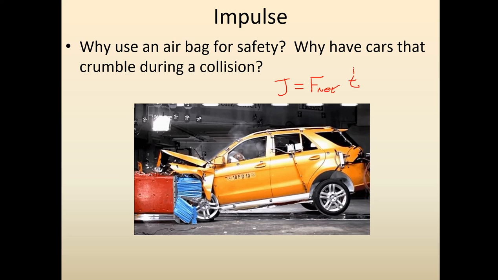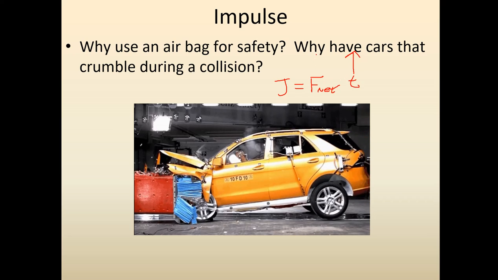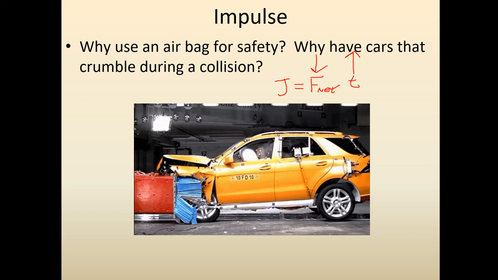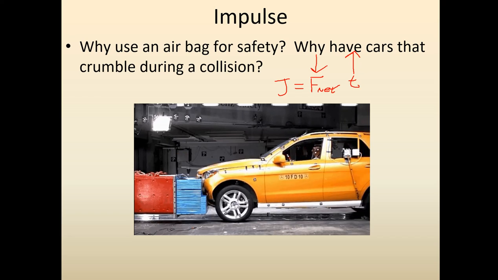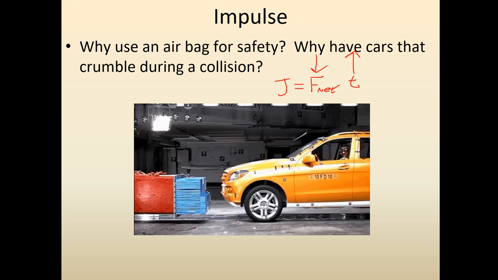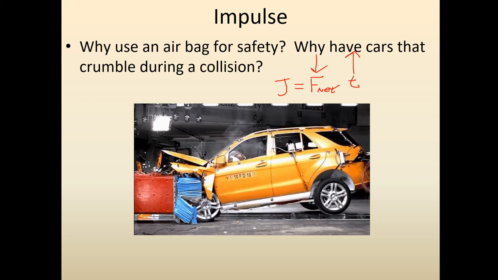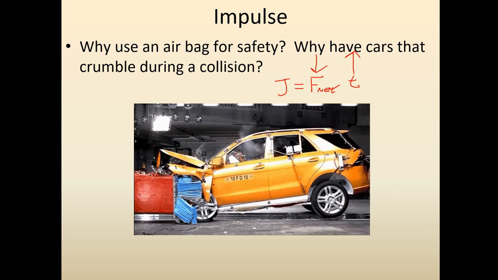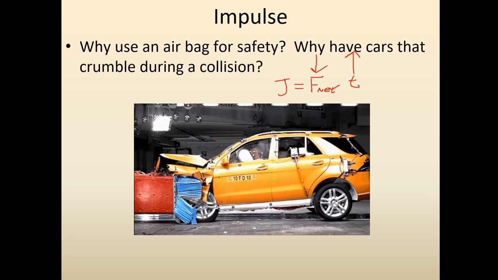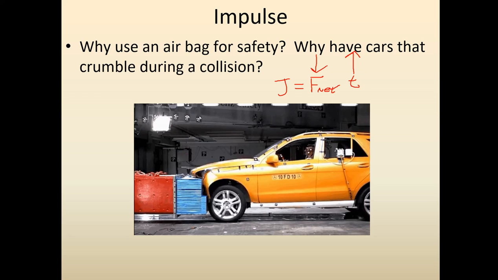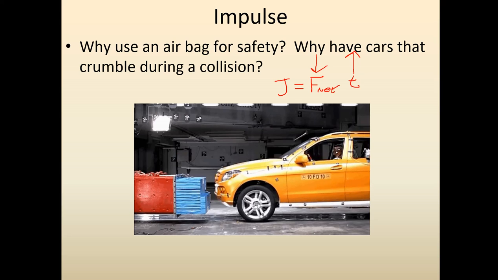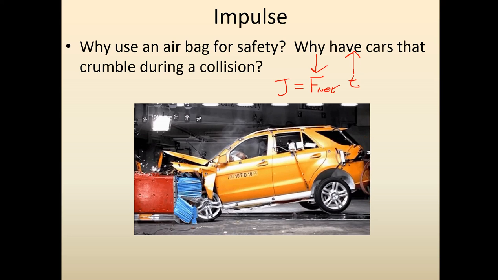If we have the time increased significantly, then the force we experience will be much less. So cars are actually designed to be destroyed and crumple like this so that it gives you a little bit more time to come to rest, and makes you more likely to survive the accident. So the more a car crumples, the less likely you are to be injured in an accident.